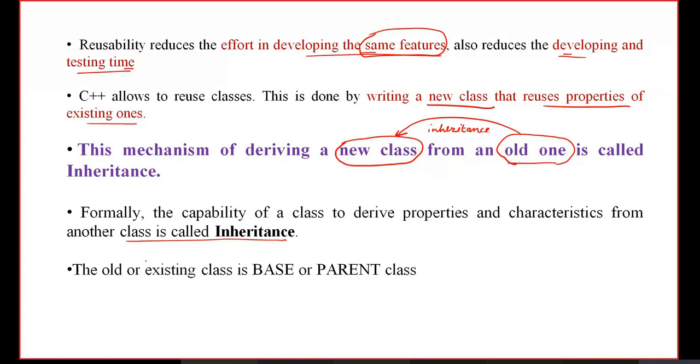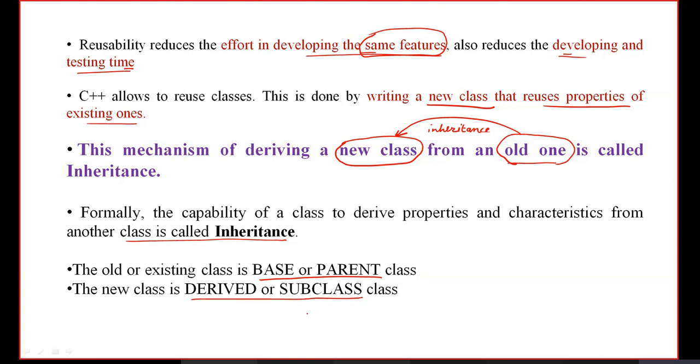So the old class or the existing class which you are using, that is called as the base class or the parent class, whereas the new class that you have got is called as the derived class or the subclass. Understood? This parent class is also called as superclass. Okay, fine. So just remember these terms. Any doubt in this? Anyone?